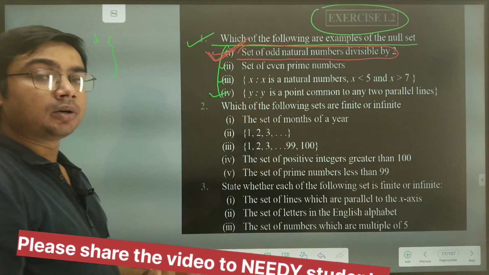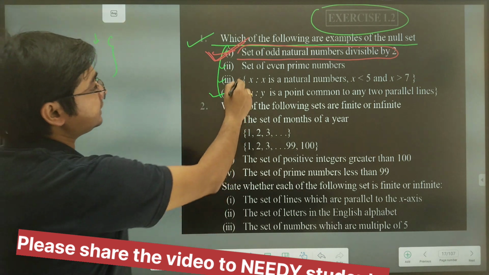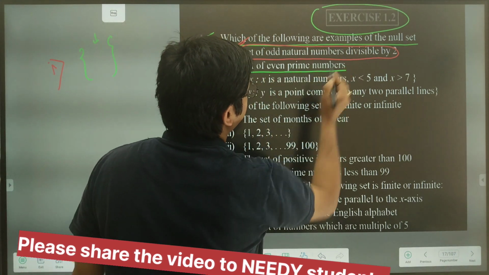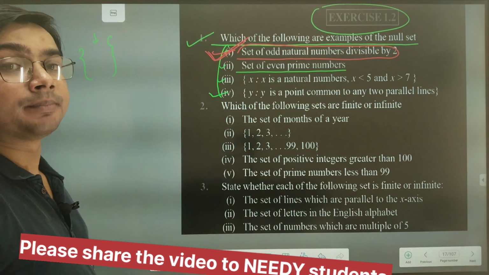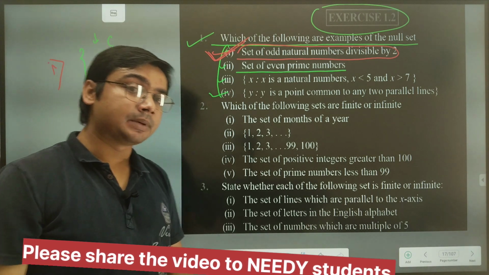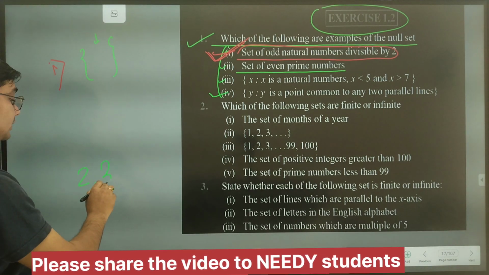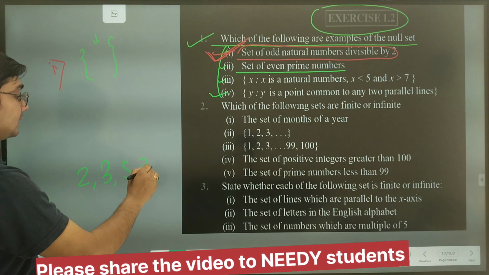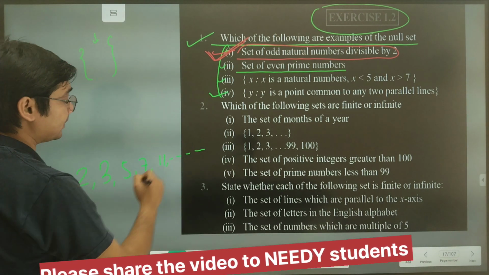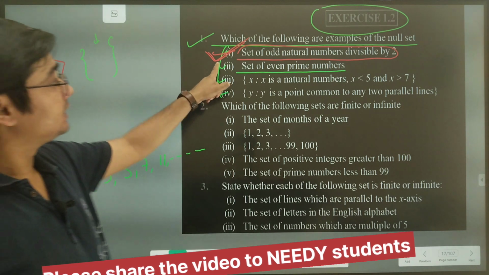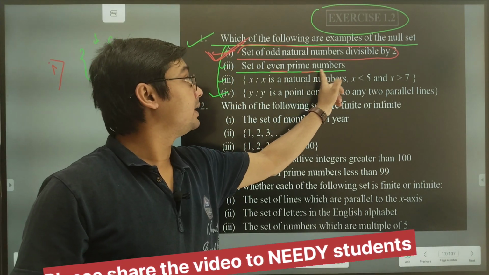Okay, now come to the second question. This is the set of even prime numbers. Do you know these prime numbers? Just see, 2, 3, 5, 7, 11 are the prime numbers. Here they collect all even prime numbers.